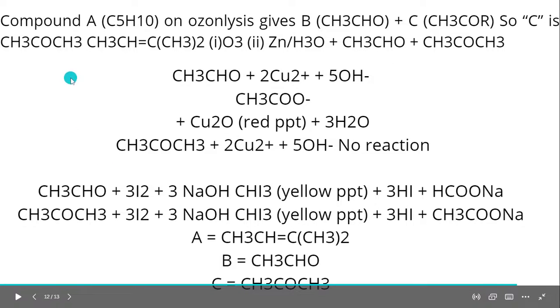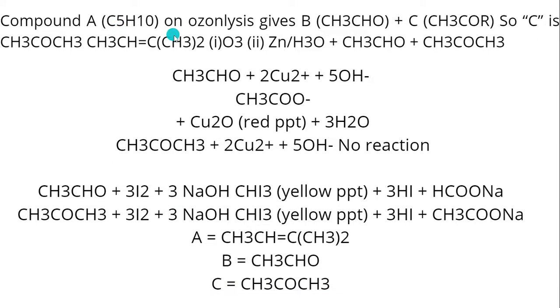And this is the reaction. Compound A, C5H10, on ozonolysis gives B, CH3CHO, plus C, CH3COR. When we react these compounds, we form CH3CHO plus Cu2O red precipitate, with CH3COO- and H2O.